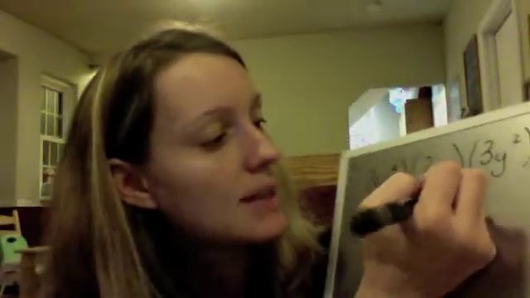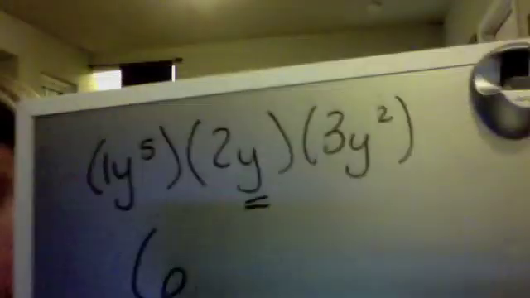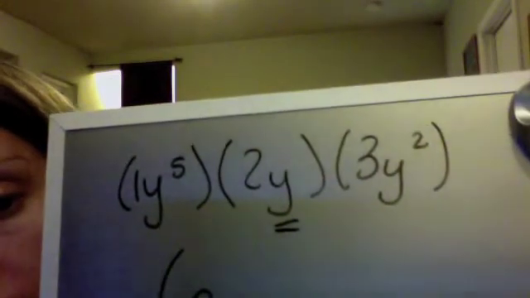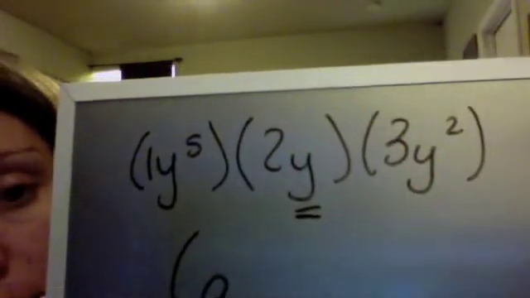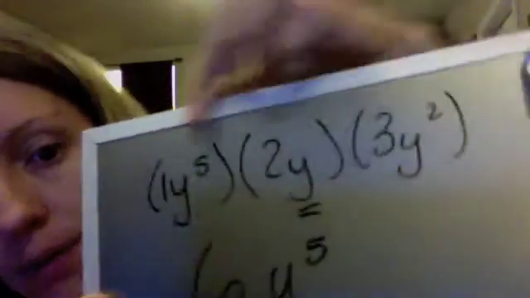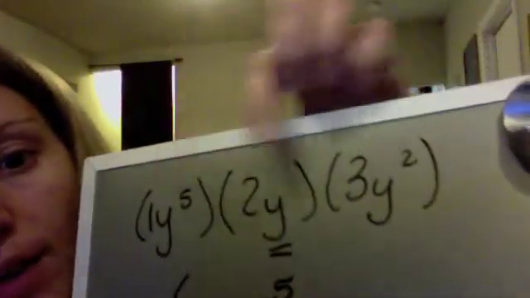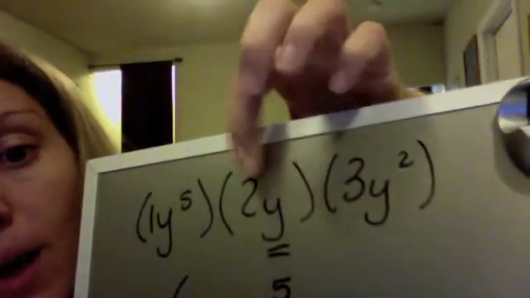Now a common mistake is students will not count that y that's here in the middle. As you can see, there is a y. It's not invisible. It's actually there. So I have 5 y's right here, and then I have another y. Do you see it? I got one of them.